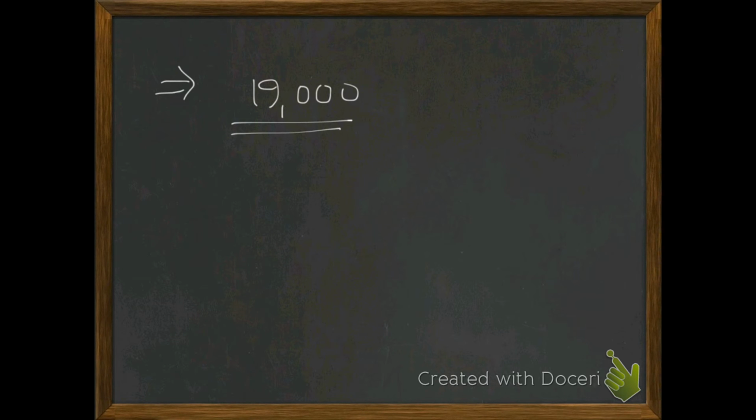So it would take 19,000 pounds of cherries to have a supply of a price of $2.09 per pound. All right, next we're going to do the demand. So we have 2.09.